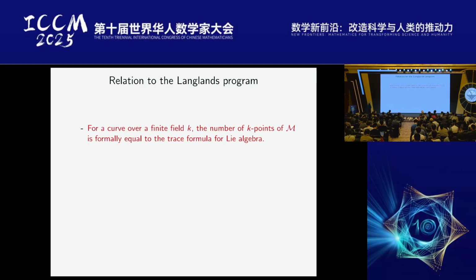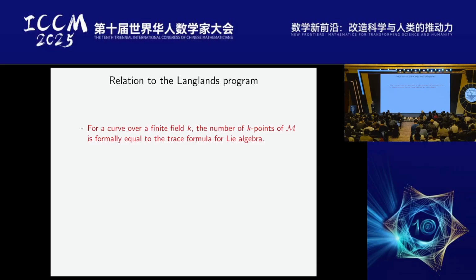Now let me explain very briefly, and we will come back to it in more detail later, the relation to the Langlands program. For vector bundles, you can also study the moduli of vector bundles on a curve over finite fields. Going back to work by Harder and Narasimhan, you can try to count the number of vector bundles over finite fields, which gives some expressions, and they have a recipe to derive from that counting things like the Betti numbers of the moduli space.